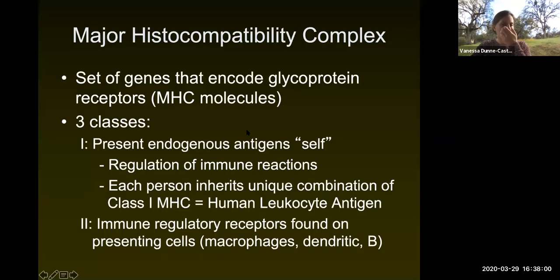All right, so MHC class 1 is responsible for presenting endogenous or self antigens. Let me explain that for just a second. Let me go to our whiteboard. All right.